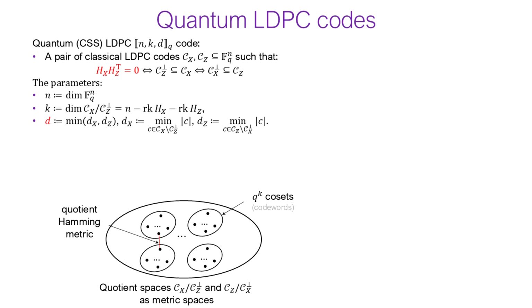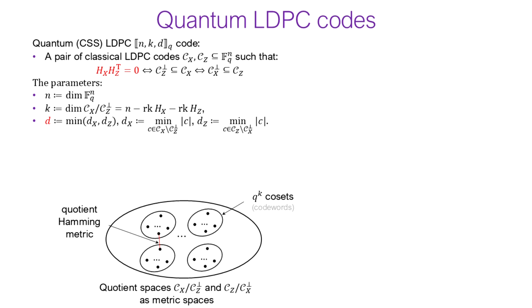We have binary vectors, and we consider quotients of these vectors, and so we define the quotient Hamming metric. It's just the distance between two classes, and by considering this quotient Hamming metric, we have exactly the same problem as for the classical LDPC codes, but we just modify the distance.